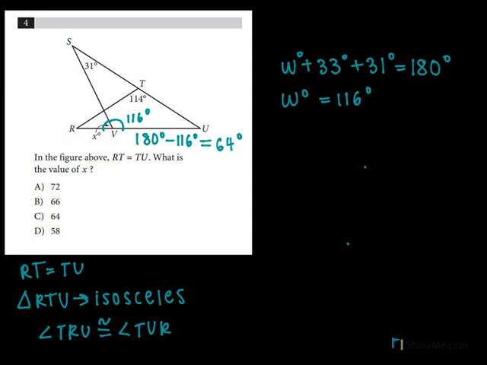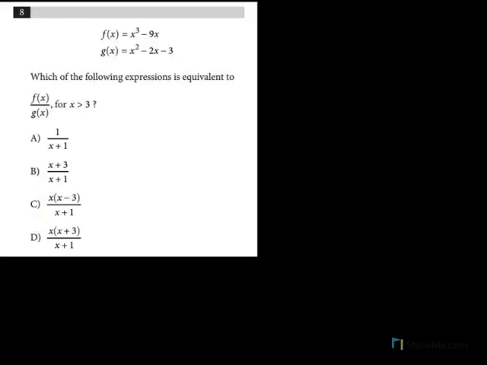And we would get 64 degrees. So X equals 64 degrees, and that's our answer. And if we look at the options, that is option C. So yes, X equals 64 degrees.